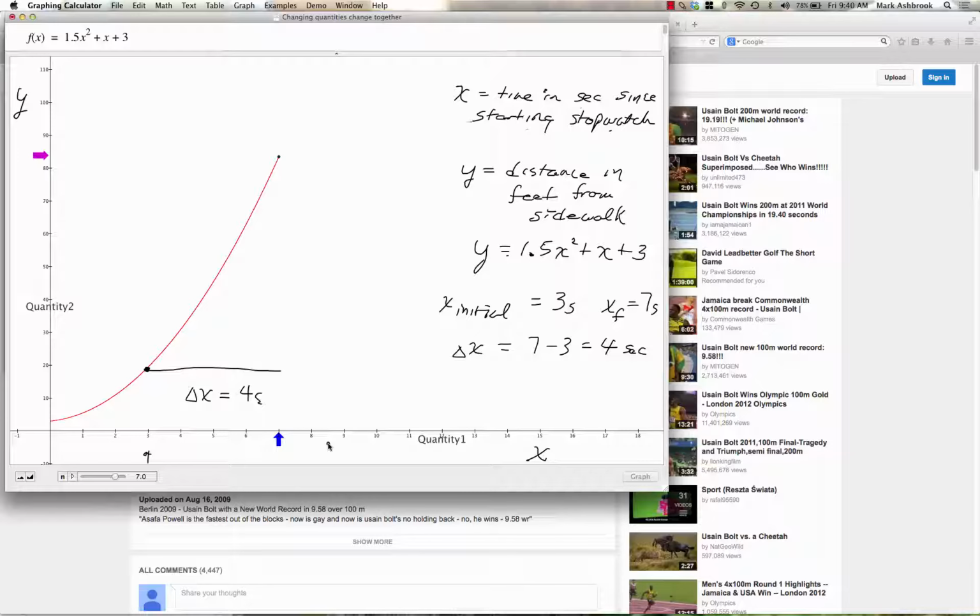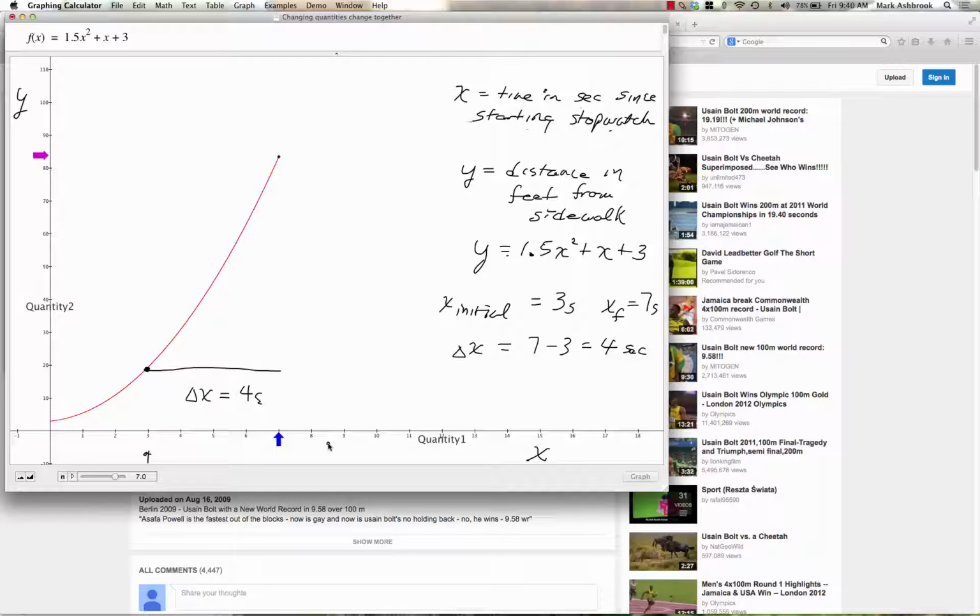I've got my formula. What are you going to do? Plug 4 in, right? We plug 4 into that. It will give us the corresponding change in distance. Agree? When you put a number into that formula, what number does it think it is?